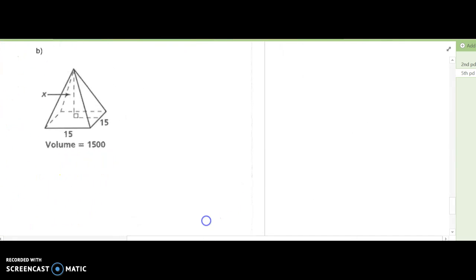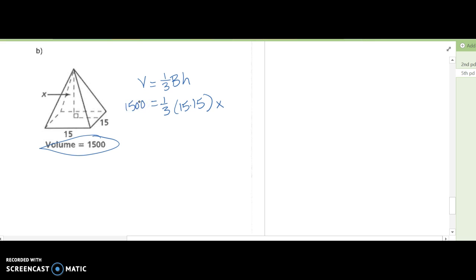Alright, and then in part B, volume is 1/3 area of the base times height. So that's 1/3 times 15 times 15 times x. Our height this time we don't know. It's the x. And our volume this time they give us to be 1500.